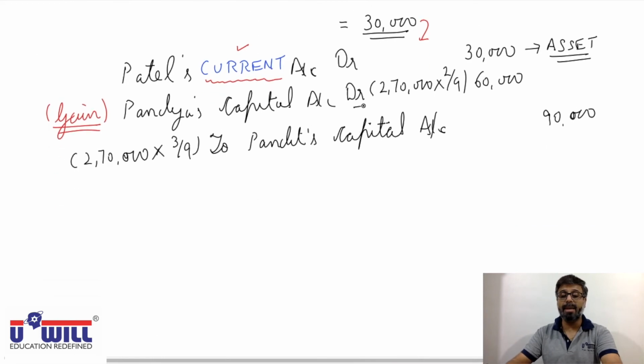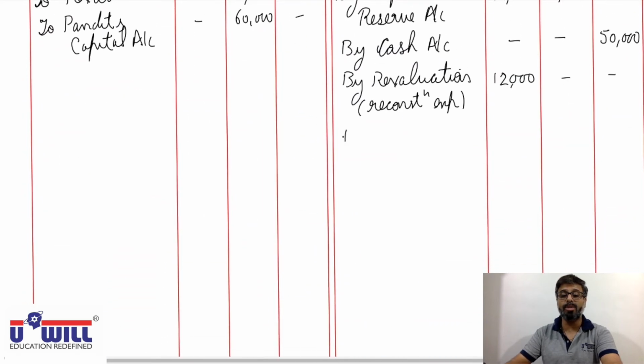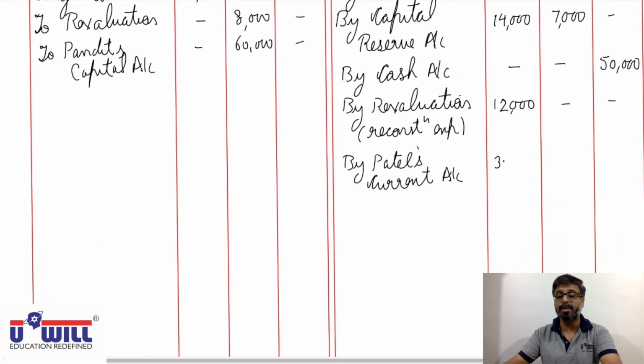Name of opposite account, to Pandit's capital. So in Pandit's capital, we will write on credit side both the opposite accounts, by Patel's current account, and the amount will come in Pandit's column who is sacrificing, 30,000.